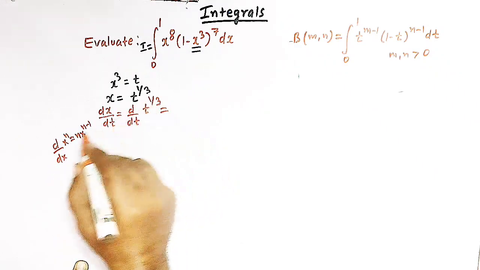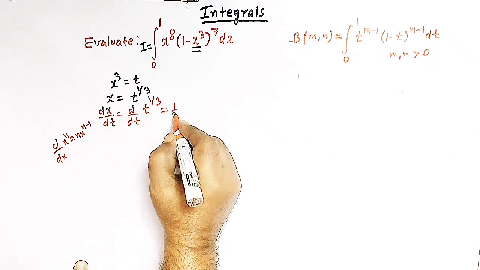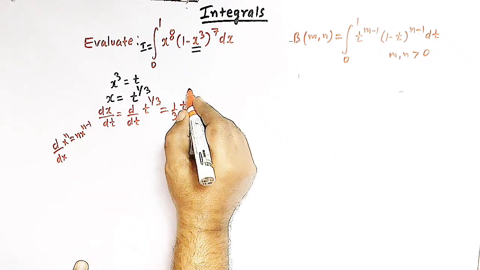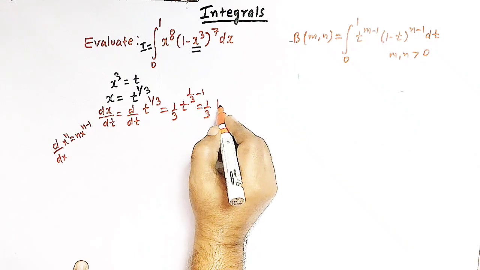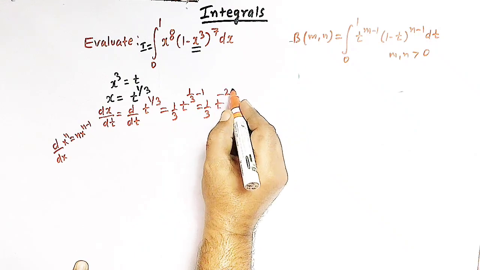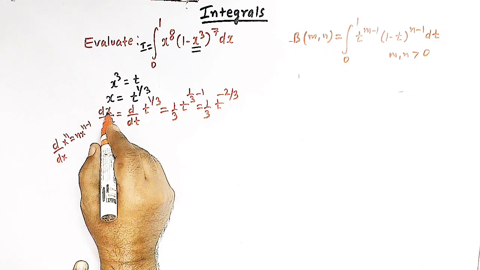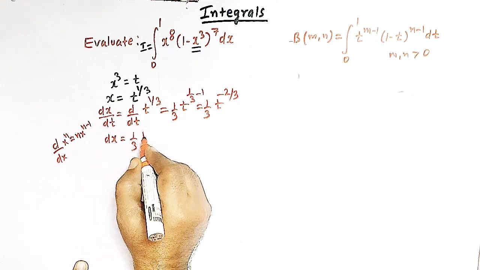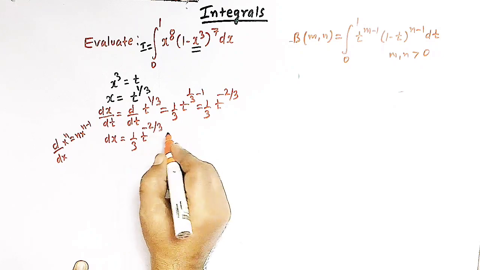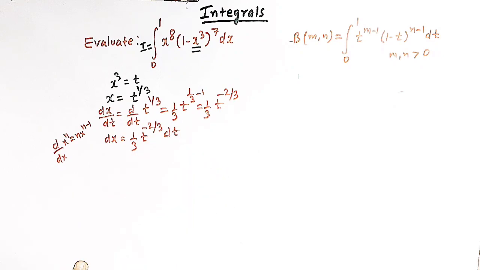So here n is 1 by 3, so we have 1 over 3 t raised to 1 by 3 minus 1, that is 1 over 3 t raised to minus 2 by 3. So dx can now be written as 1 over 3 t raised to minus 2 by 3 dt, right?